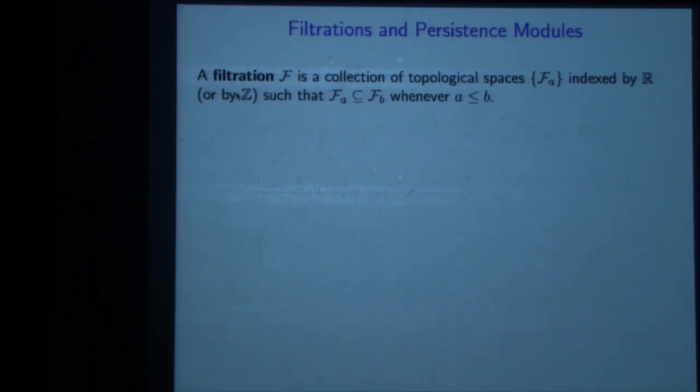First, I'm going to define for you precisely what a filtration and a persistence module are. So a filtration is a simple object. It's just a collection of topological spaces F_a indexed by the reals or alternatively by the integers, such that F_a is contained in F_b whenever a is less than or equal to b.